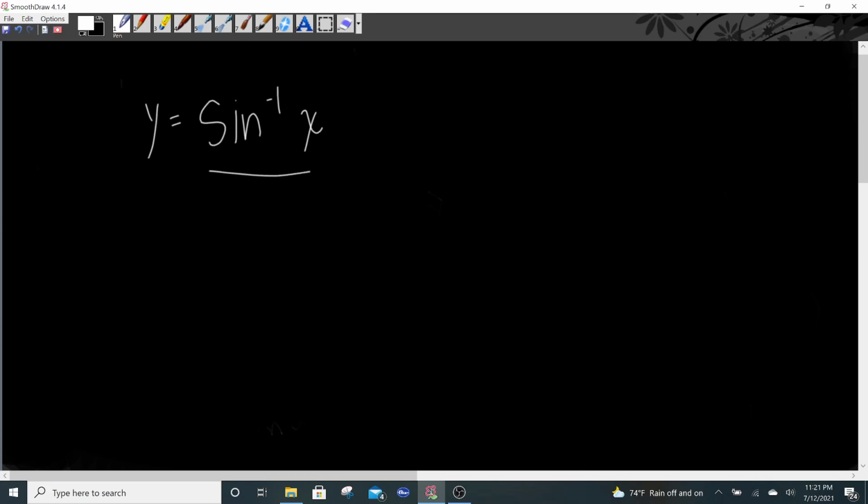If we say that this is an inverse of sine x, then using common sense, we can switch our inputs, and it should be the inverse of an inverse, which is just the original function. So if we swap this around, this is equivalent to x equals sine y, which is a little bit easier to think about.